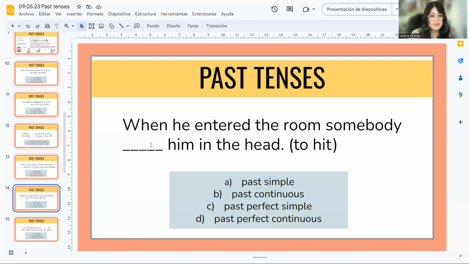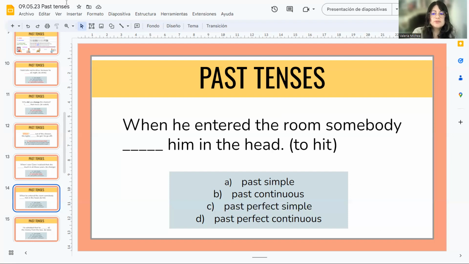Let me share the results. That's what we get. That's the past continuous as a winner. Now I told you 2 actions. 2 of them are short actions.